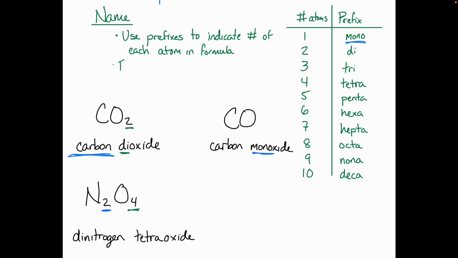Okay, our first element in our formula, we are going to use the name exactly as it appears on the periodic table. All right, so first element, name off periodic table. Or we could say copy name off periodic table.